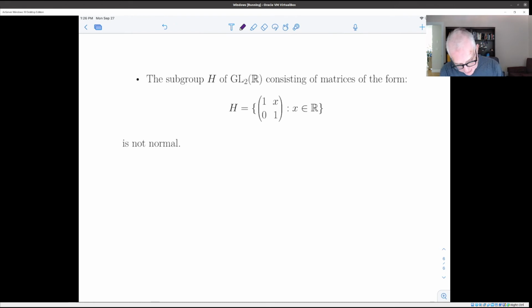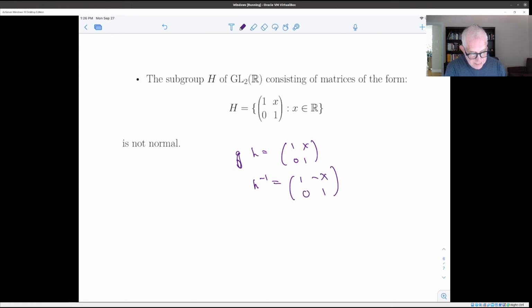In fact, if your matrix, let's say H, is [1, x; 0, 1], then H inverse is [1, -x; 0, 1]. And in fact, H is actually isomorphic to the additive group of the real numbers. So it's an abelian subgroup of this infinite non-abelian group.